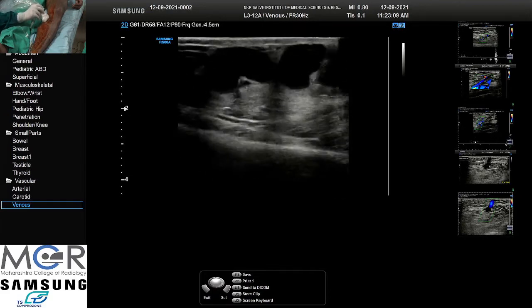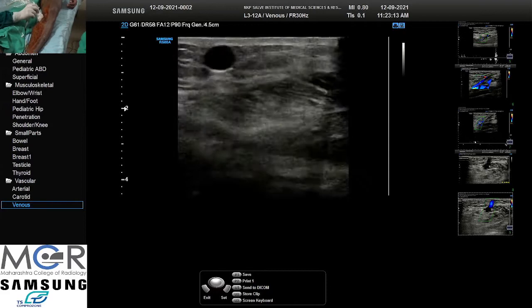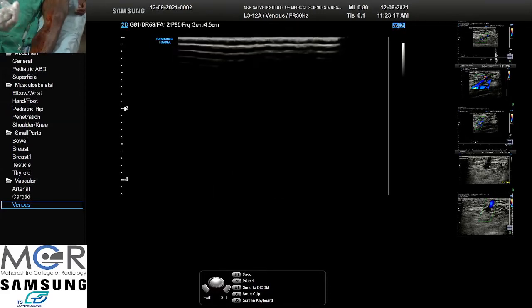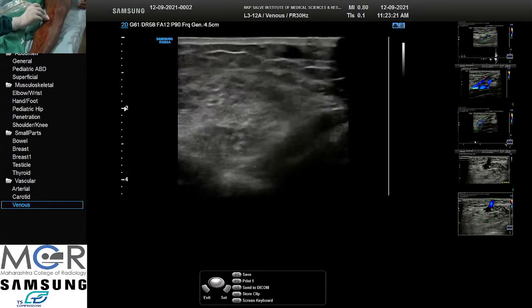From this part the vein gets tortuous, so above it we'll select an area where the vein is straight, because it becomes very difficult to negotiate the stiff laser fiber through it.